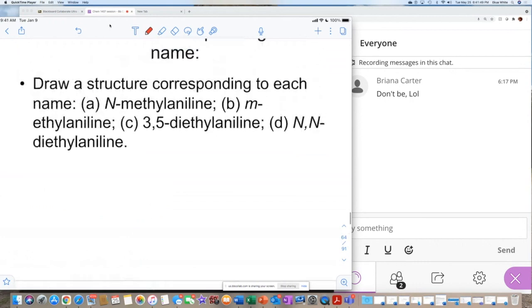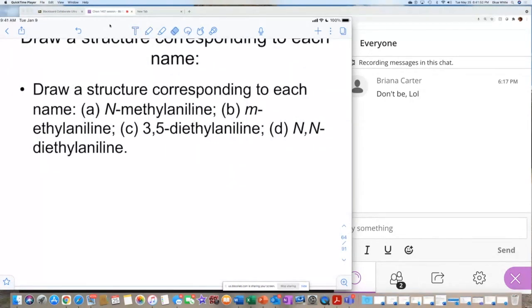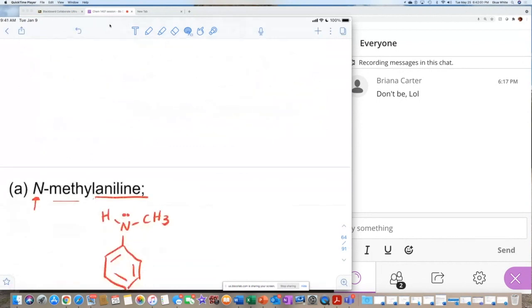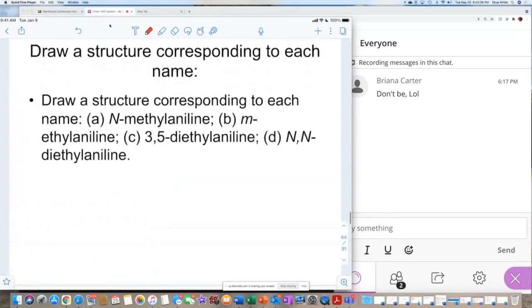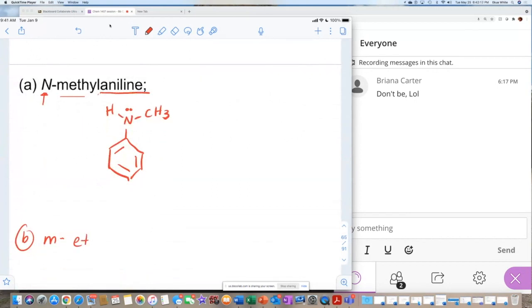With this one here, I won't be skipping a lot because it's getting a little bit different, right? I'll just write this down. M-ethylaniline. Remember, meta was not adjacent, but with meta, you had at least one empty carbon between the first carbon and the third carbon, right?